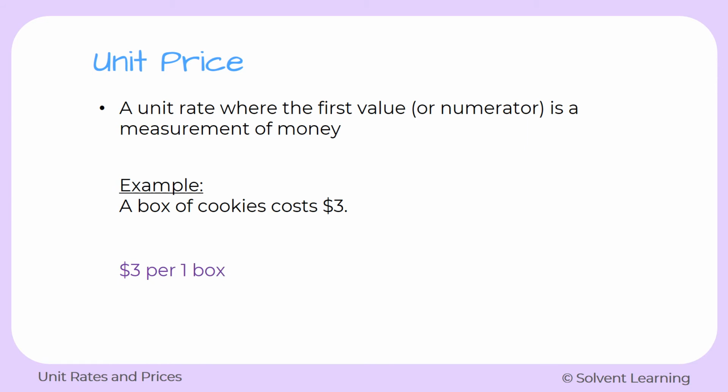We could say that it costs $3 per 1 box, or as a fraction, $3 over 1 box. And most commonly, we don't even bother writing the number 1 for the second value. And then the third way is to use the front slash instead of the word per. So any of these 3 variations represent the unit price for this box of cookies.